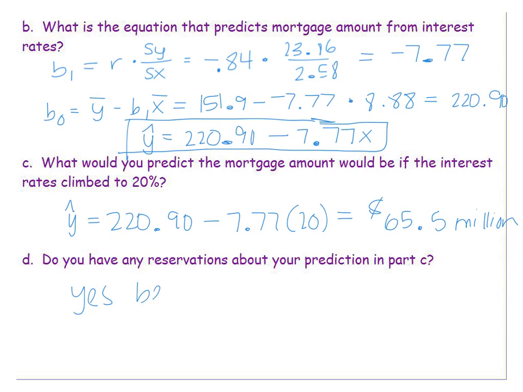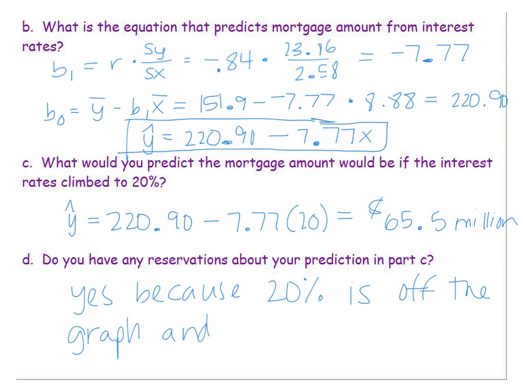Yes, because 20% is off the graph and outside of our range. And so that's how you use one that's in word problem form. It's just a matter of labeling what's what.